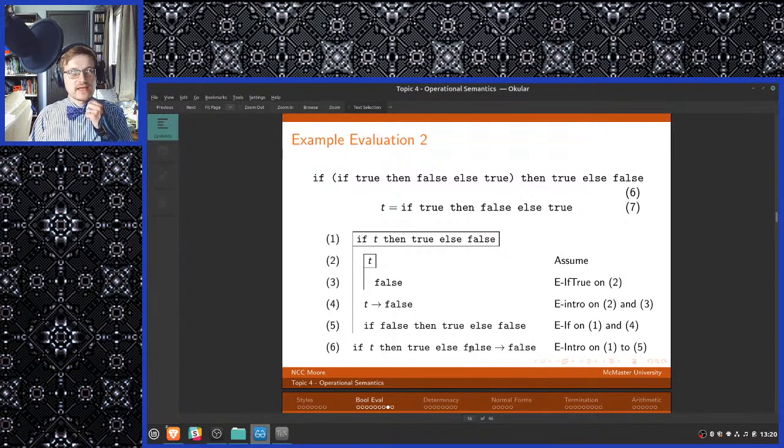Evaluating an expression in a proper programming language is always at the behest of something. It's always something that needs that expression evaluated. Nothing occurs in a vacuum, right?